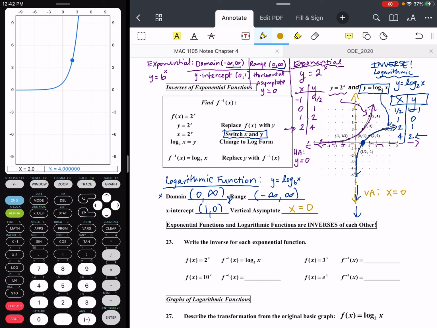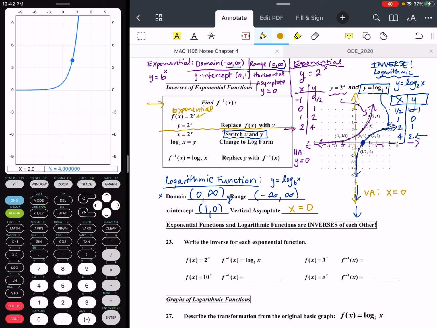All right, so how do we get to the fact that these are inverse equations? If you take a look at this box over here, it's got the process for how we go back and forth. If you start with your exponential function right here, f of x equals 2 to the power x, rewrite that as y equals 2 to the power x.